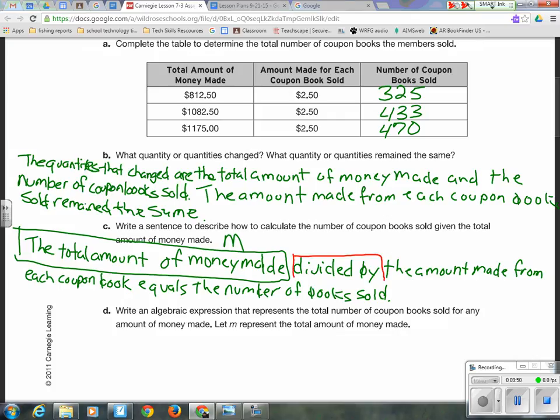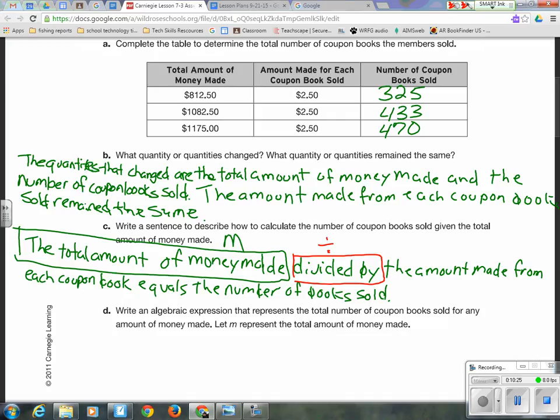Divided by. What do you think that is? What does it look like? It's a division symbol. Divided by. But now look, the amount made for each coupon book.